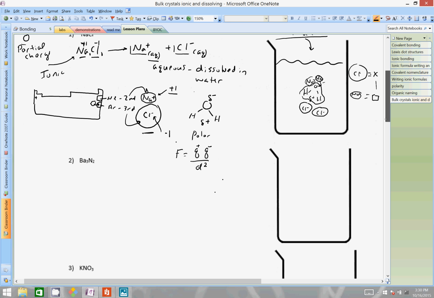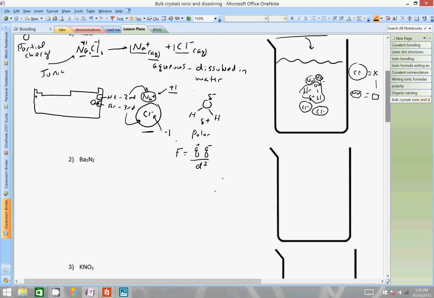The next one up here is barium nitride. So again, this guy here is the formula Ba3N2, which goes to Ba2+. Now, what's the charge on barium? You can look on the ion chart, or on your periodic table, or you could simply uncrisscross this.